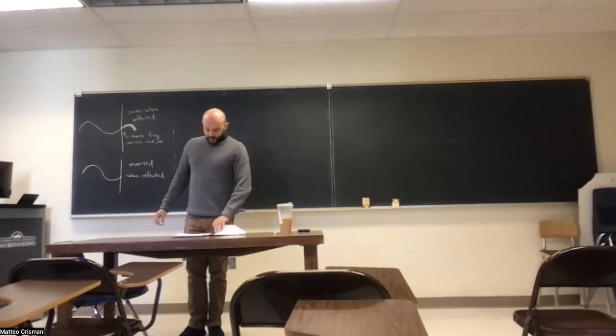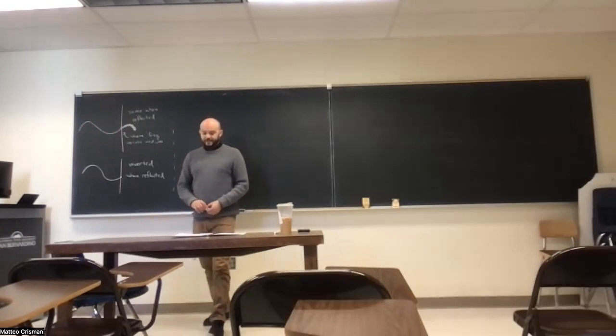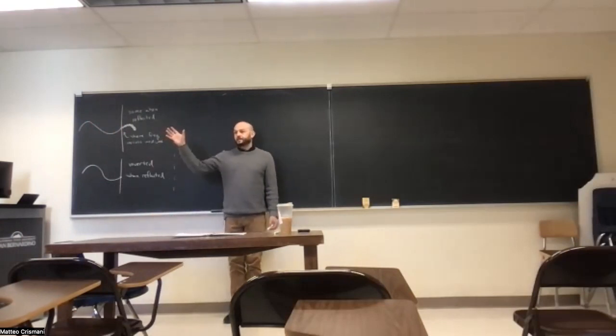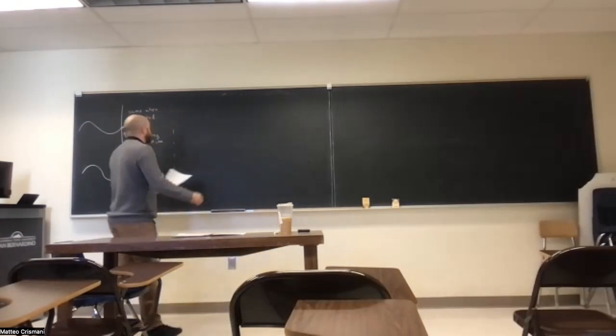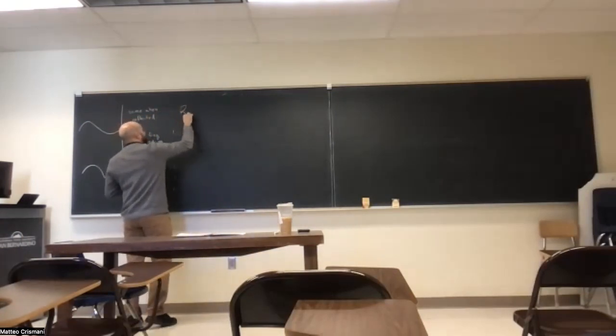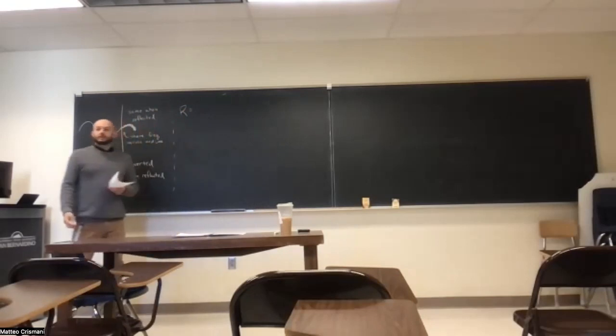Okay, so just a little reminder. We had this example. On one side, we had some medium like air, and on the other side, we had some medium like water or plexiglass or whatever. And we wanted to make some definitions. And I wrote down something like R. What was big R in the last class?